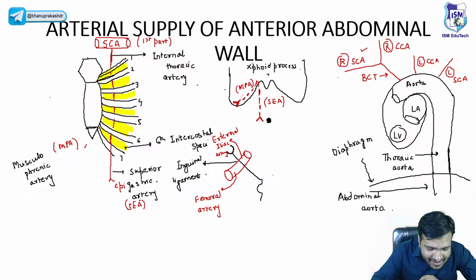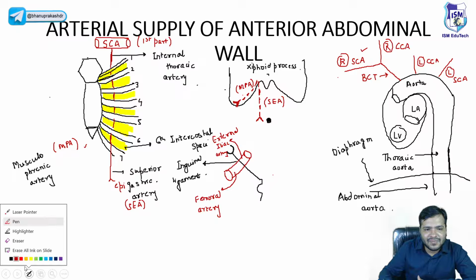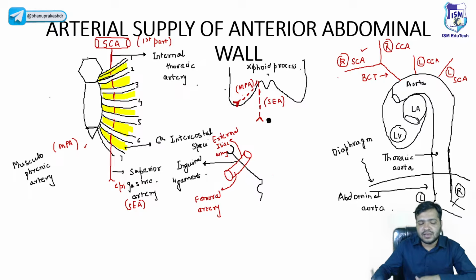Now beta, my question is, external iliac artery कहां से आ रही है? अगर ध्यान से देखोगे, common iliac artery से. अब देखो ये एब्डोमिनल आयोटा है ना, where the abdominal aorta ends, this has two terminating branches, the right and the left, it divides into two.